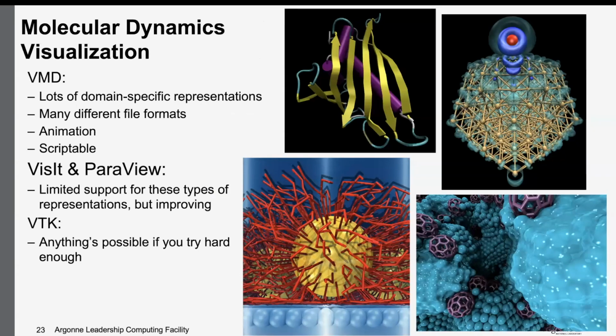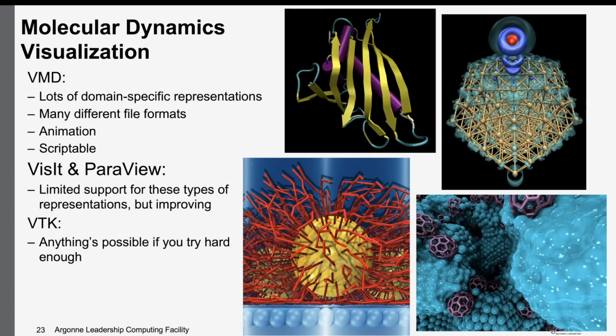So again, we do work with molecular data sets. And so in this case, you might consider a tool that's more domain specific, like VMD or VIDA. They have lots of domain specific representations, leverage many different types of file formats, are capable of doing animation, and they're scriptable as well.